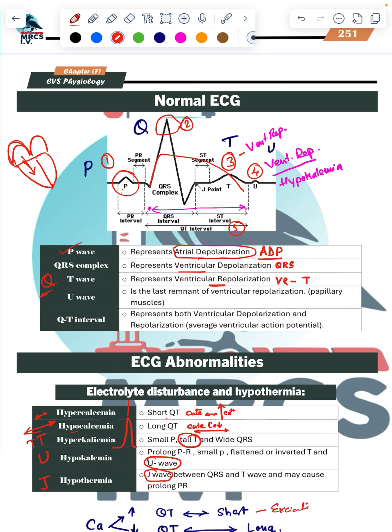Here is the right atrium to right ventricle, there is the tricuspid valve, left atrium to left ventricle, there is the mitral valve. If any problem is in the tricuspid valve, the atria is getting a lot of pressure and it is enlarged. Or if from here there is the pulmonary artery, from there the lungs, so anywhere there is hypertension, right ventricular hypertrophy, the back pressure is there, so changes will be on the P wave.